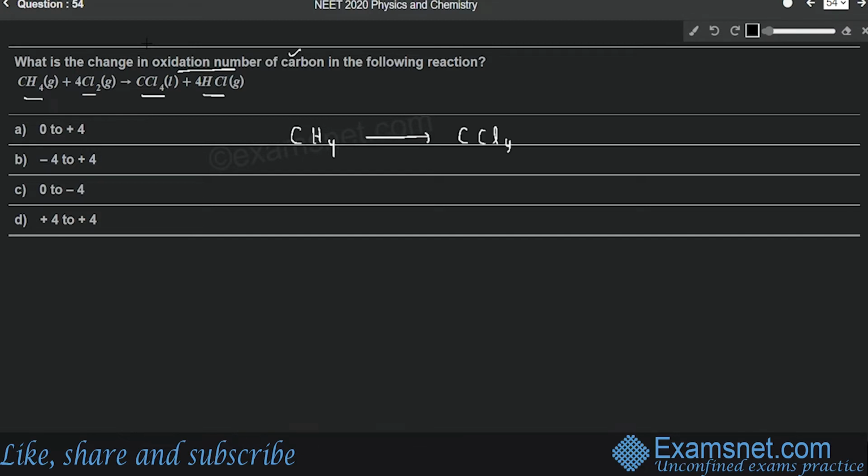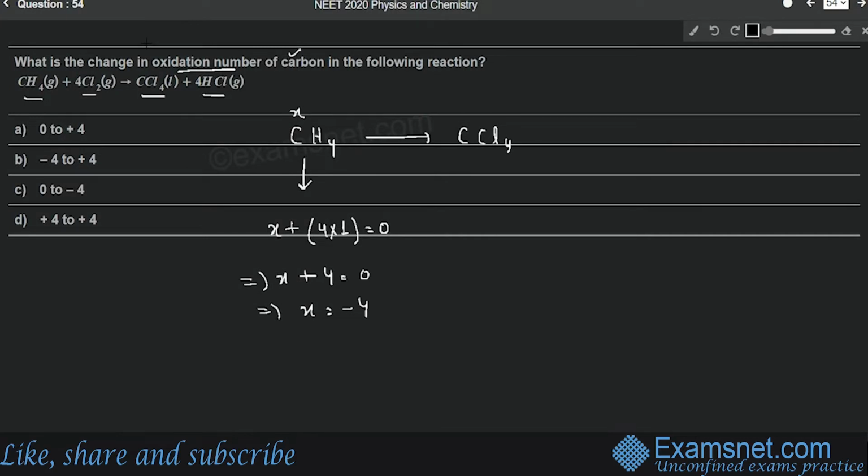So we'll observe these two only. Suppose the initial oxidation number of carbon was X. Then X plus, we know that the oxidation number of hydrogen is plus 1. We have 4 hydrogen, that means 4 into 1, and the total will be 0. So X plus 4 is 0, so X will be equal to minus 4.